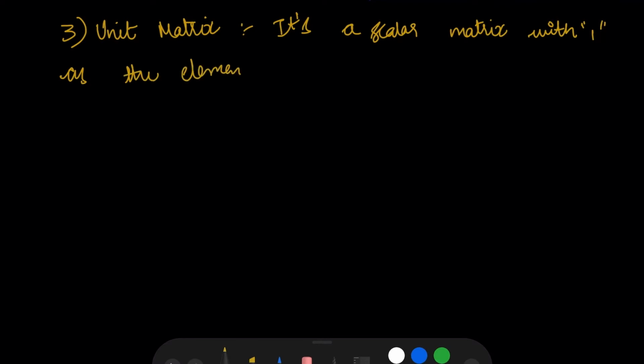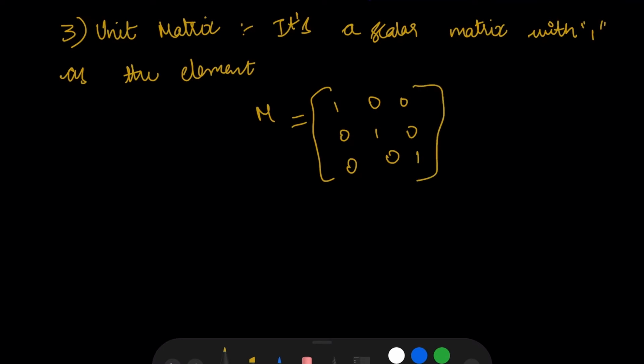So an example will be this. Right, so this is a scalar matrix, and all the elements in the diagonal are equal to 1. So it is called a unit matrix, right?